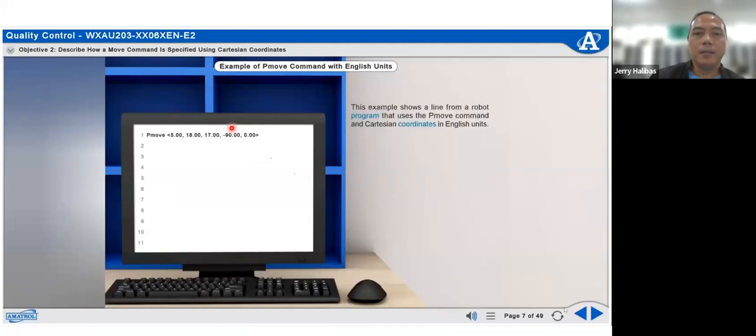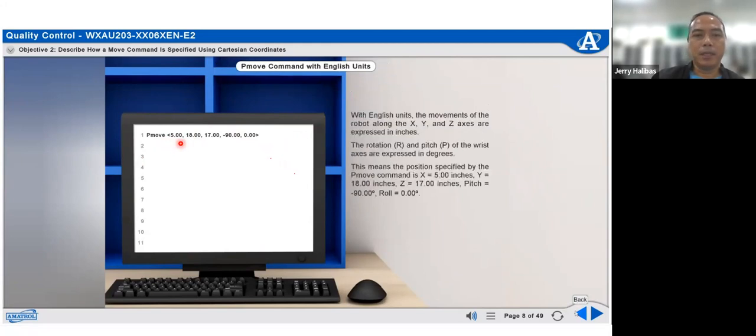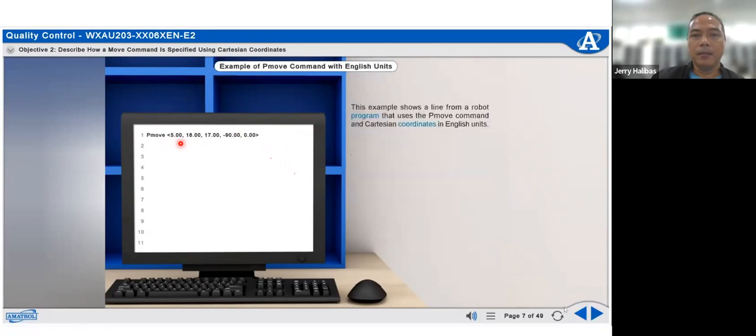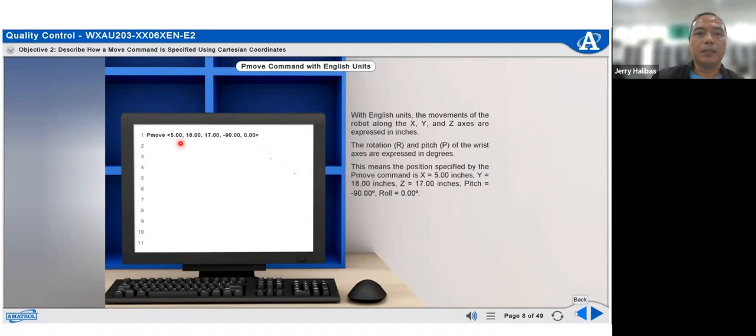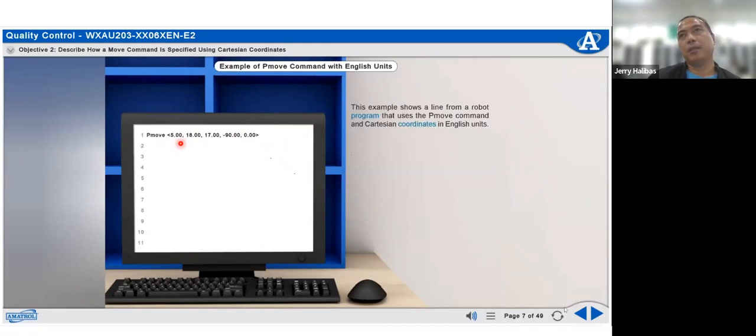For example, in English units. Actually, I'm confused about the Pegasus, regarding the difference between English or metric units. Anyway, you can probably initialize the units. In RoboDK, the default units are in millimeters, if I'm not mistaken.